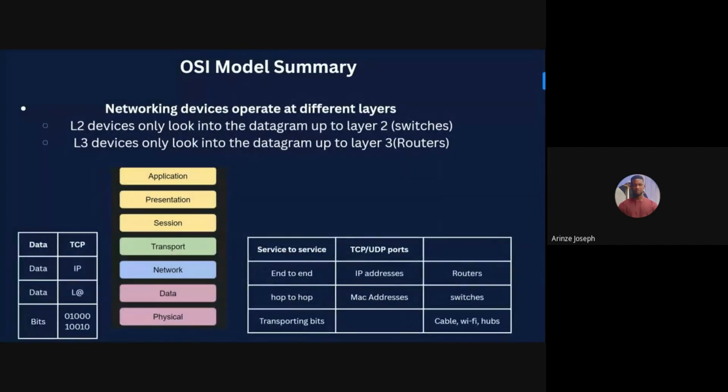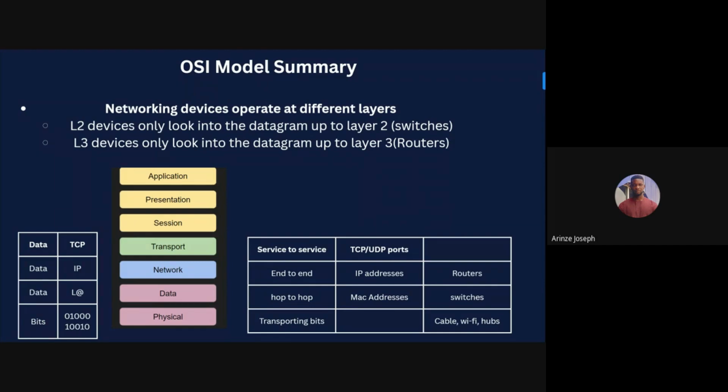Then the OSI model summary. What happens here is that each layer has its own datagram, and they have their own devices that function at that level. For example, information in the physical layer, or in your mobile cables, is transmitted in zeros and ones, or bits, and that is the function of layer 1, the physical layer.